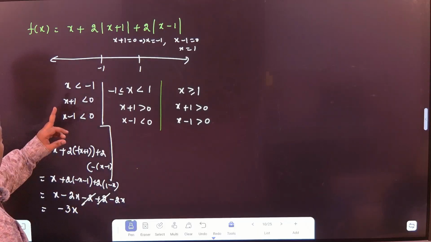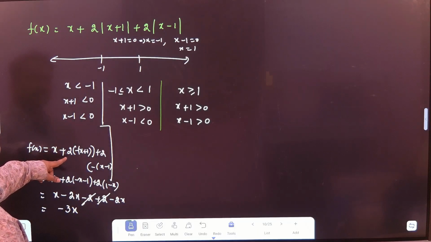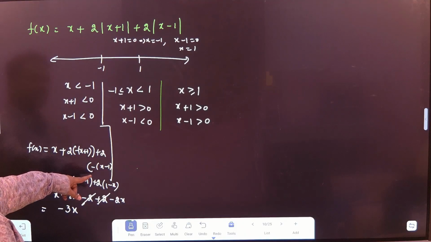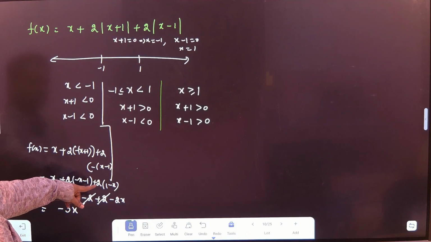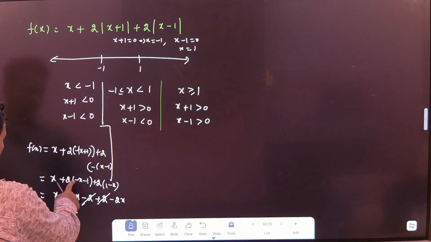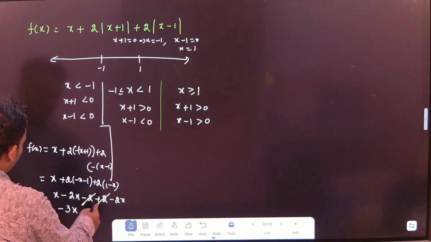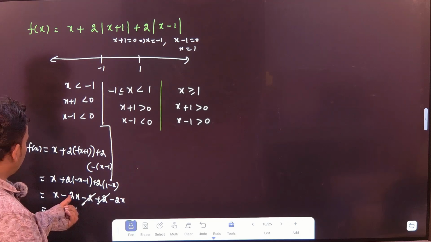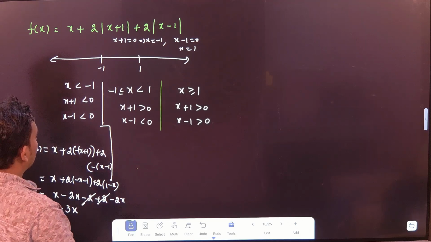Check it again. x plus 2 times minus x minus 1, so 2 times 1 minus x, right? You multiply: 2 minus 2x, correct? 2 minus 2x minus 2. Yes, minus 2 plus 2 cancel. Minus 4x plus x is minus 3x. Yes, correct.